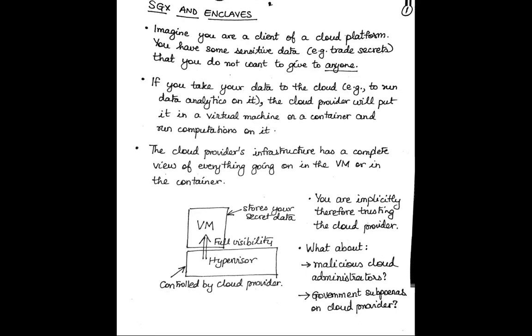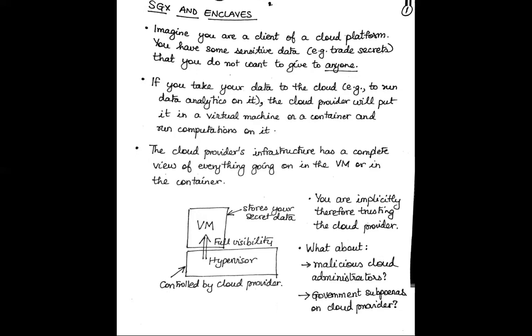Okay. The only concern, though, is that you have some sensitive data, and this sensitive data may be things like trade secrets. Maybe you're running a business, trade secrets, and you don't want to give it to anyone, right? You don't want to give it to obviously your competitors, but you don't even entrust the cloud provider with this data.